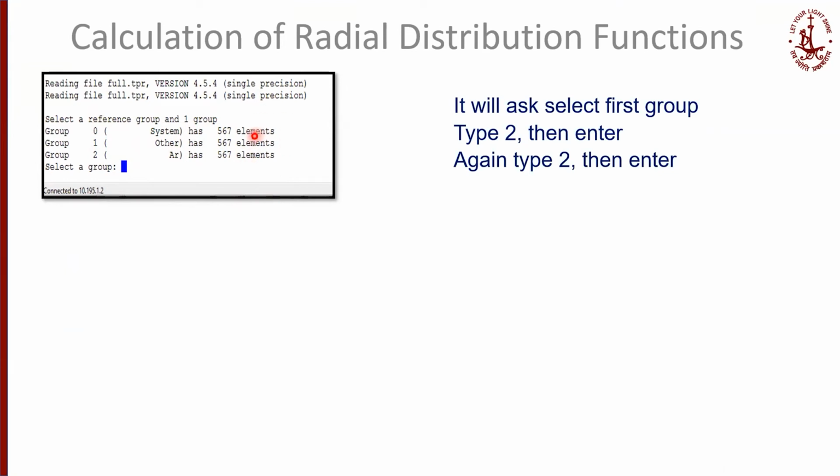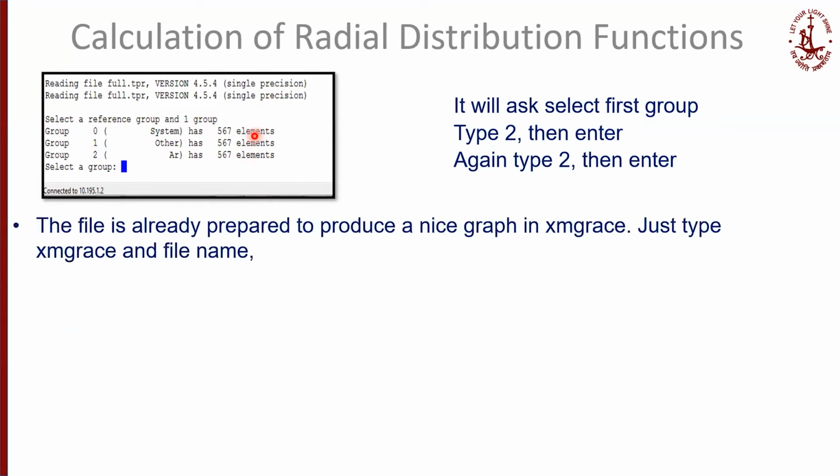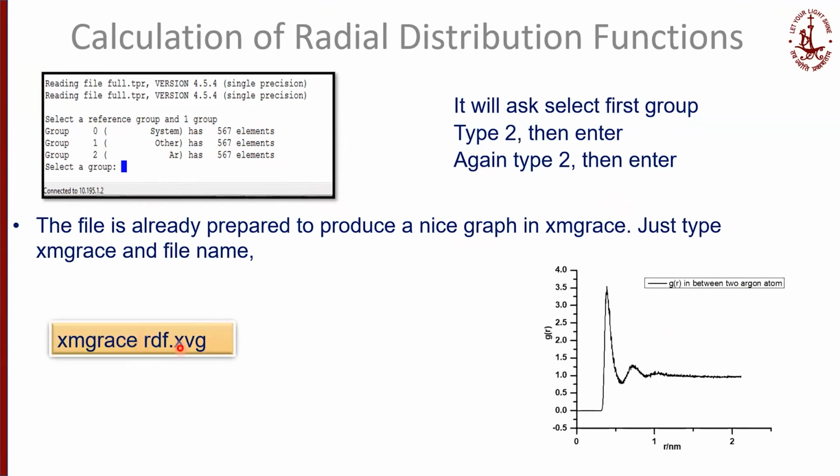It will give you the same result in the case of argon atoms. Then you just have to type xmgrace space file name, that is rdf.xvg.